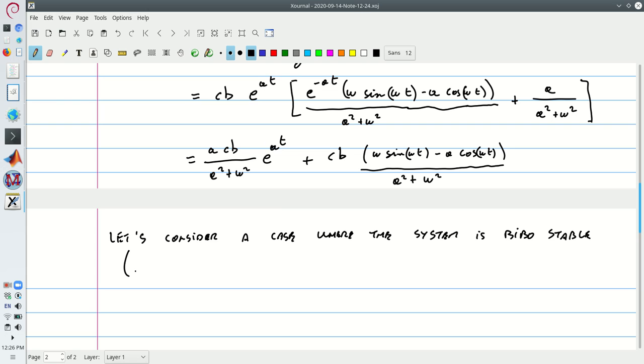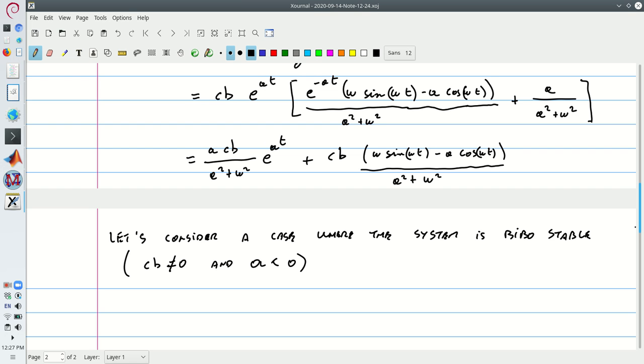So the case where the system is BIBO stable is given by c times b needs to be different from 0, and a needs to be less than 0. This guarantees BIBO stability. We have seen that actually it's an if and only if. The system is going to be BIBO stable if and only if these conditions are verified.